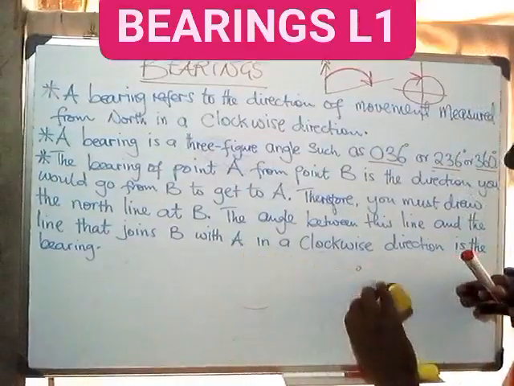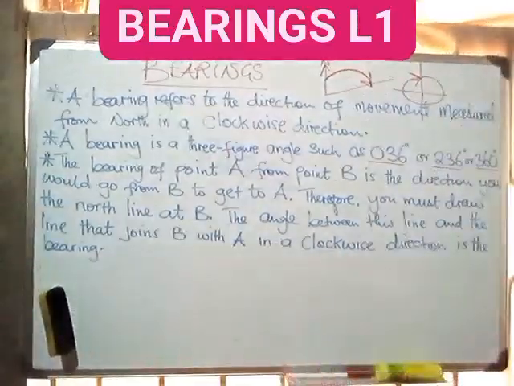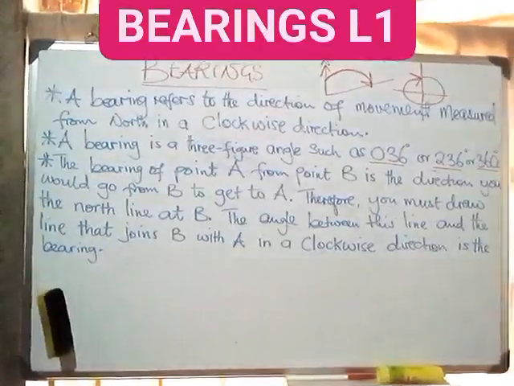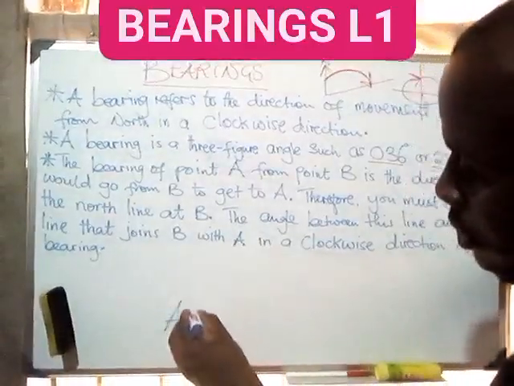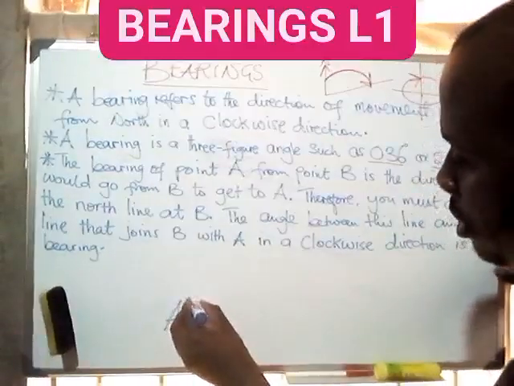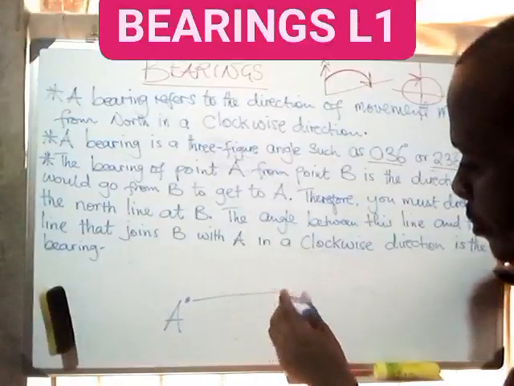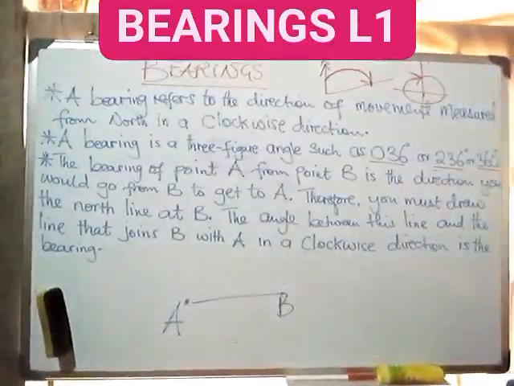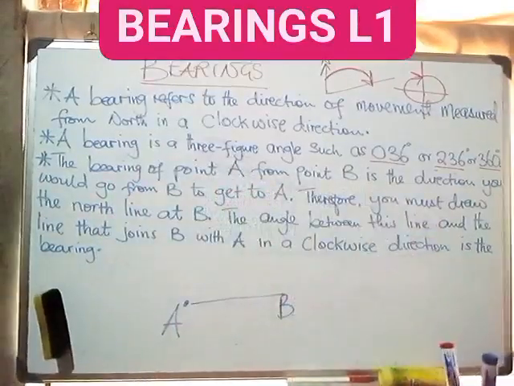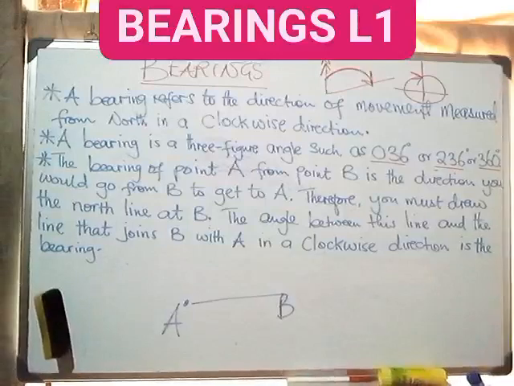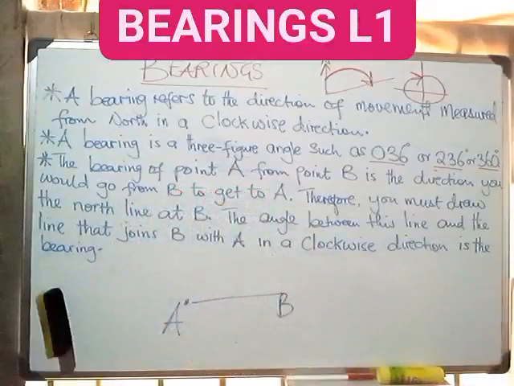This means that, for example, we have point A and this is point B. So the bearing of point A from B is the direction you would go from B to A.